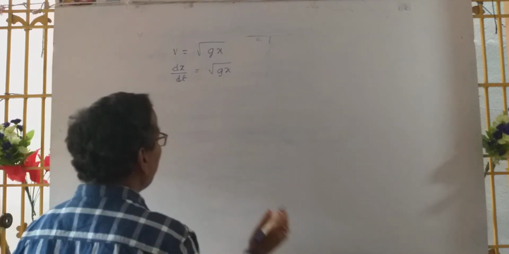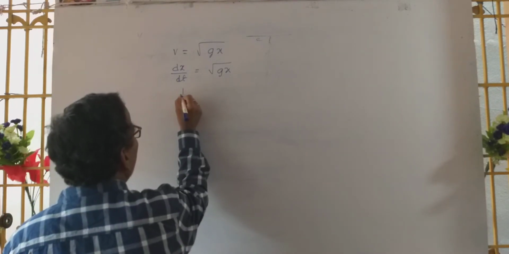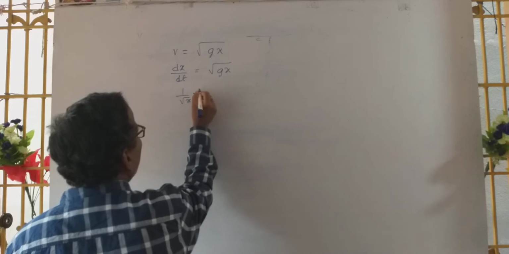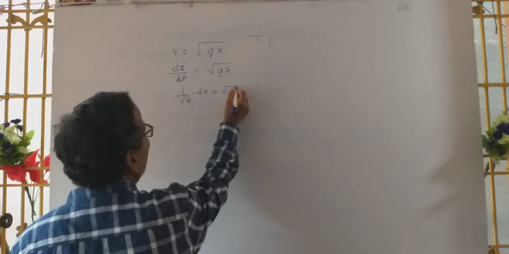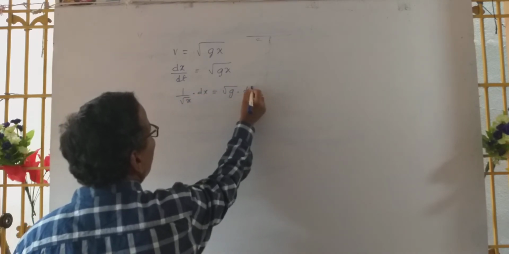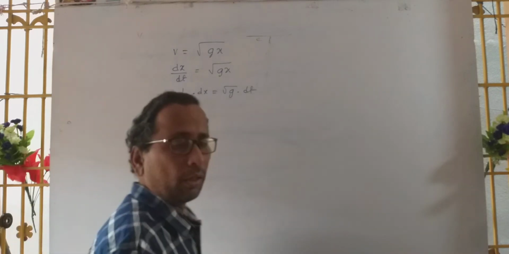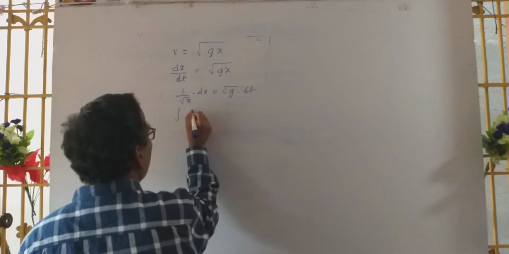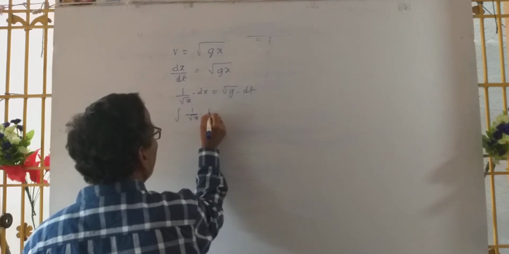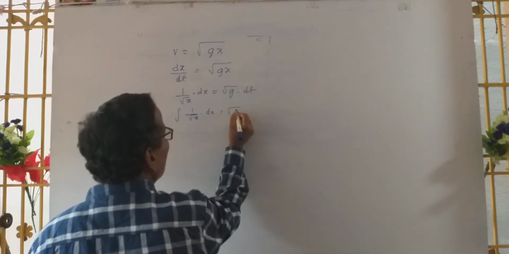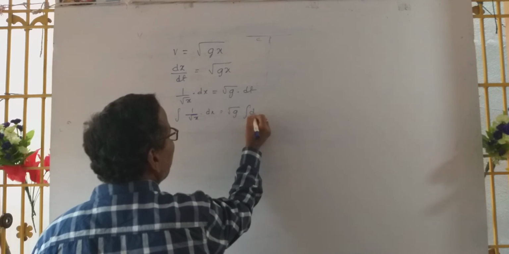Take left and right side. Then 1 by root x dx is equal to root of g into dt. Integrate the above equation. If it is integrated, integral 1 by root x dx is equal to root g integral dt.